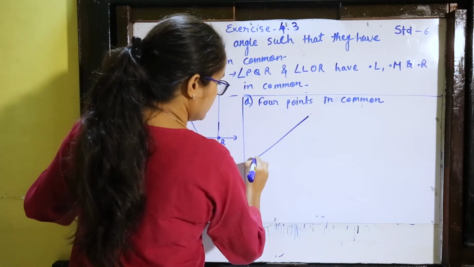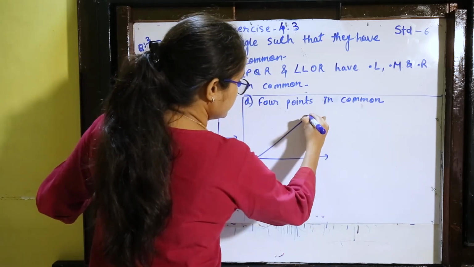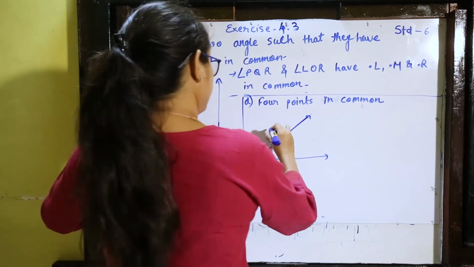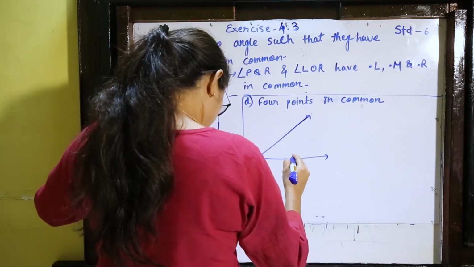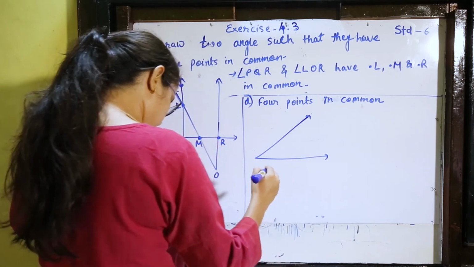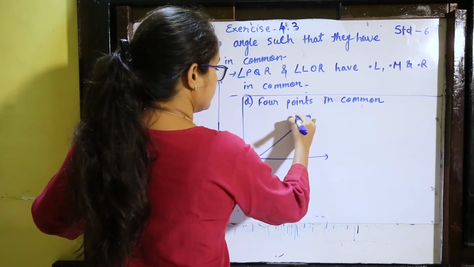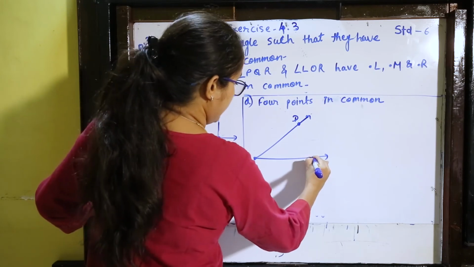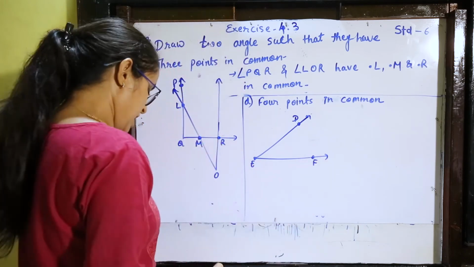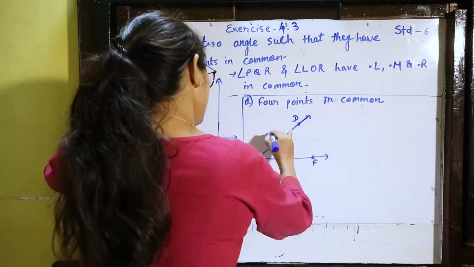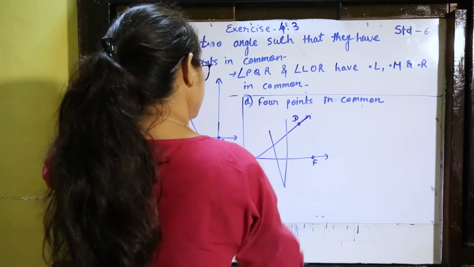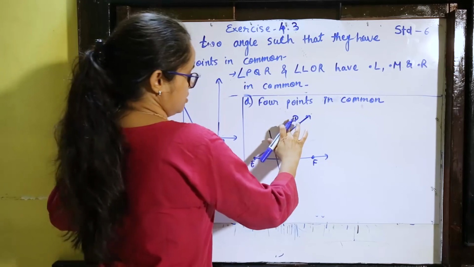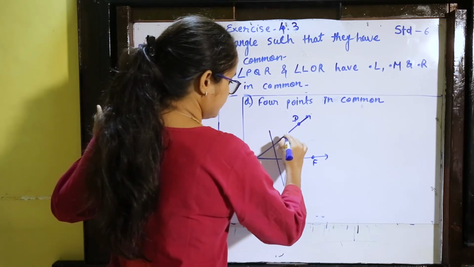Please see over here. One angle is this, and if I'm drawing this angle, I will give the name. Suppose I'm giving this name D, E, F, then I'm putting 2 points. I draw an angle like this, then it becomes better.